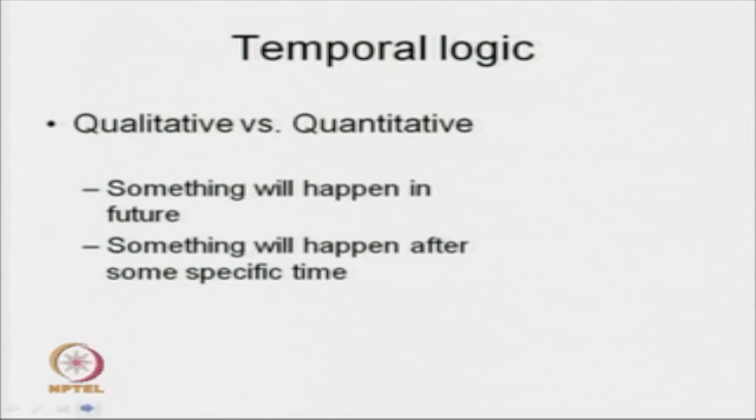Another issue we have when we are going to capture timing is about qualitative reasoning and quantitative reasoning, or capturing the time in a qualitative way and a quantitative way. In the qualitative way, we just talk about the behavior of the time. We say whether something is happening now or something is going to happen in future.